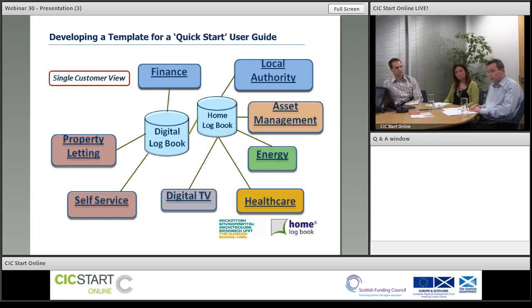But we can see that when someone moves into a property, there's a lot going on in and around them about energy efficiency, about the property, about managing the property, and about what their roles and responsibilities are. It's very important in that early stage to set expectations of consumer behaviour, of what someone should and should not do when they move into that property, and to understand how it should be managed.